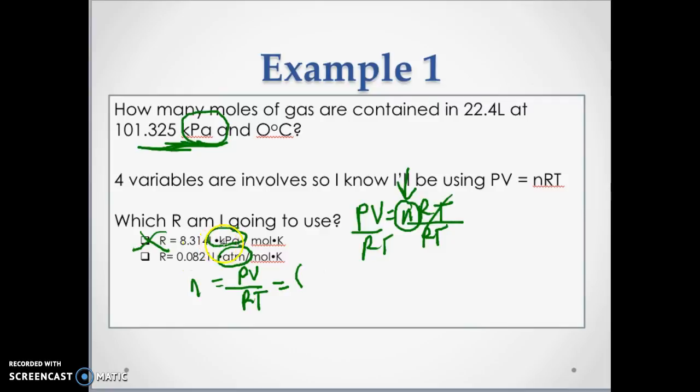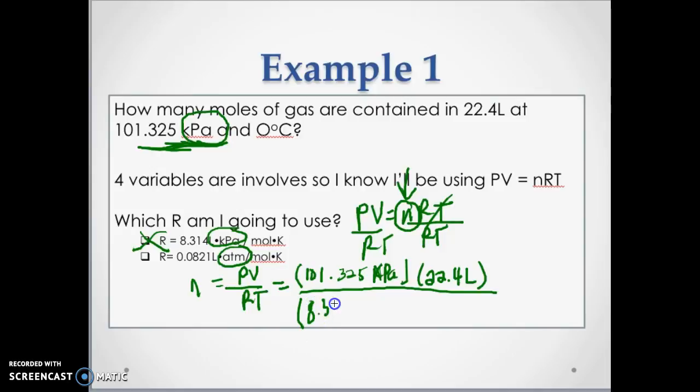So let's do that. Pressure is in kilopascals, so we're going to write 101.325 kilopascals times the volume, which is 22.4 liters, divided by the R, which we determined we're going to use the first one because it has kilopascals in it.